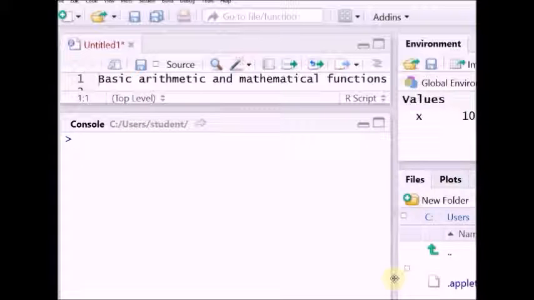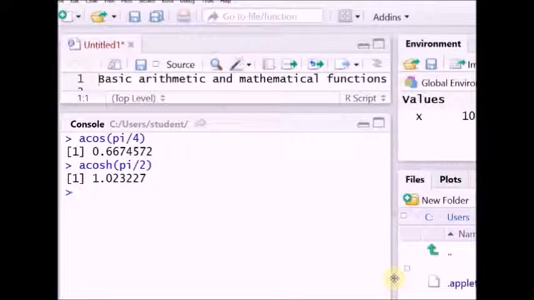For example, acos of pi by 4, clear, or acosh of pi by 2. So acos is for the inverse trigonometric function and acosh is for the inverse hyperbolic trigonometric function.